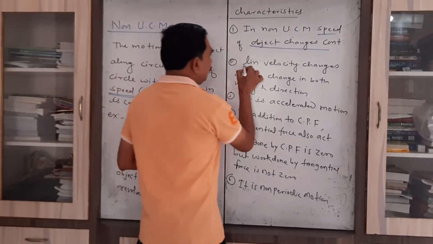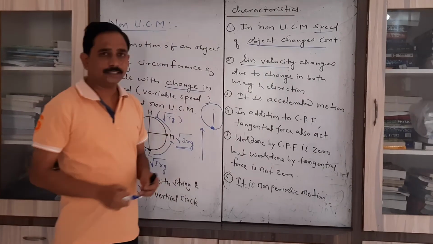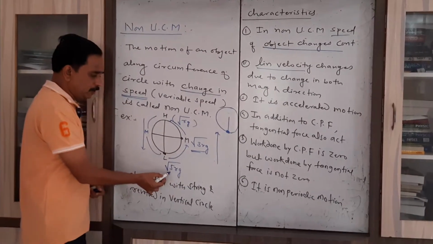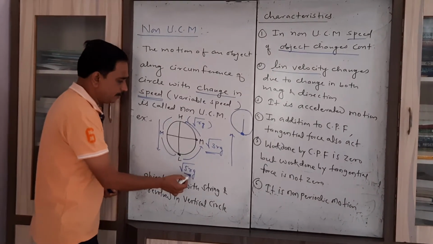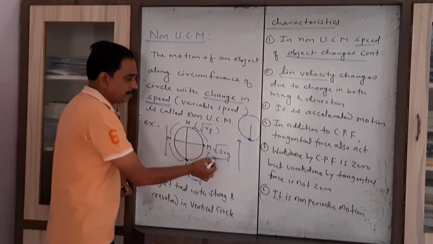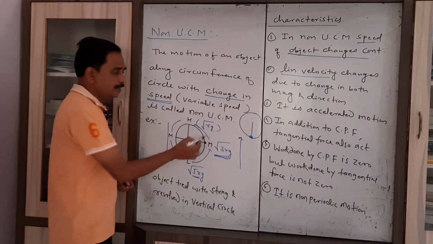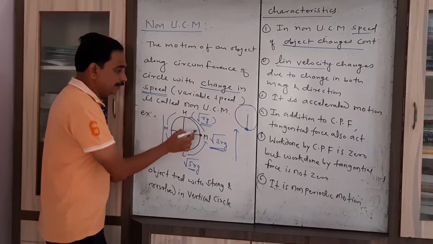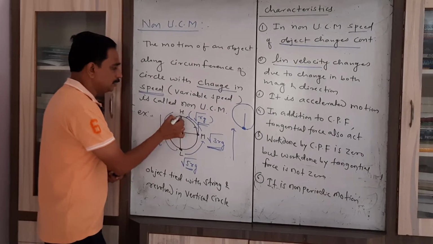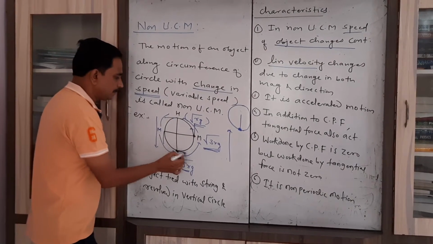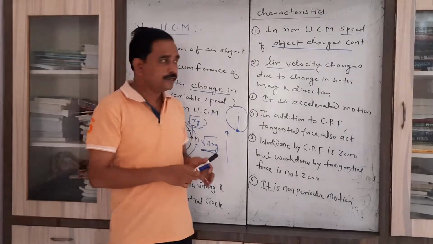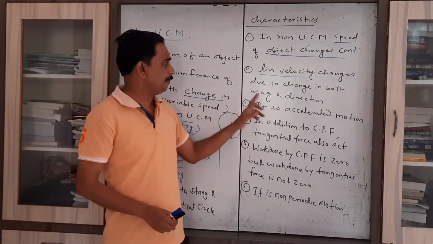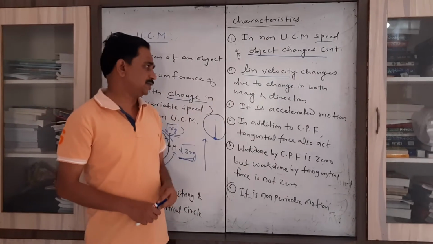Linear velocity changes because of change in both. There is a change in magnitude also. Here the magnitude is root of 5rg. Here the magnitude is root of 3rg. Here the magnitude is simply root of rg. Here the direction of velocity also changes. That's why I write here: linear velocity changes due to change in both magnitude as well as direction.